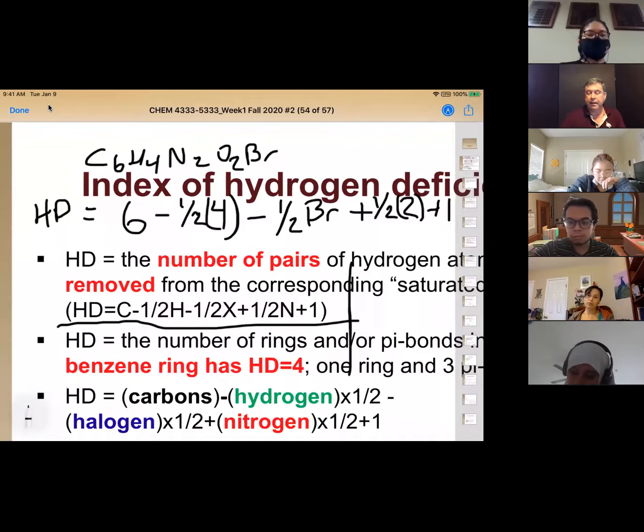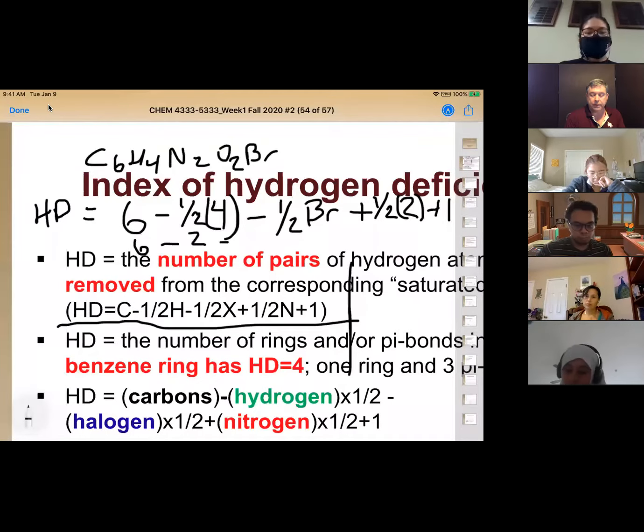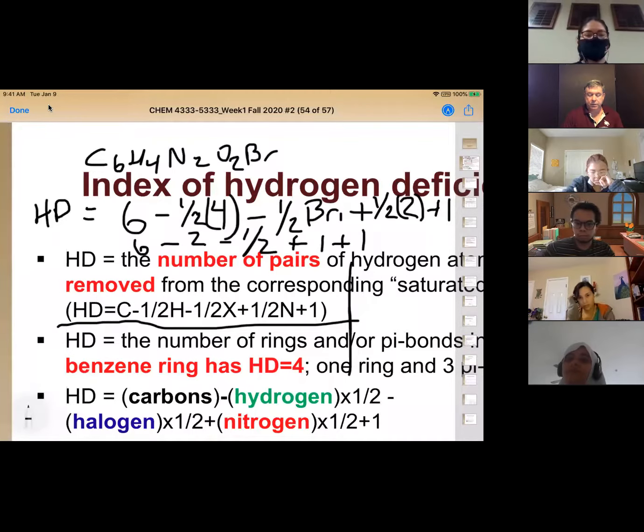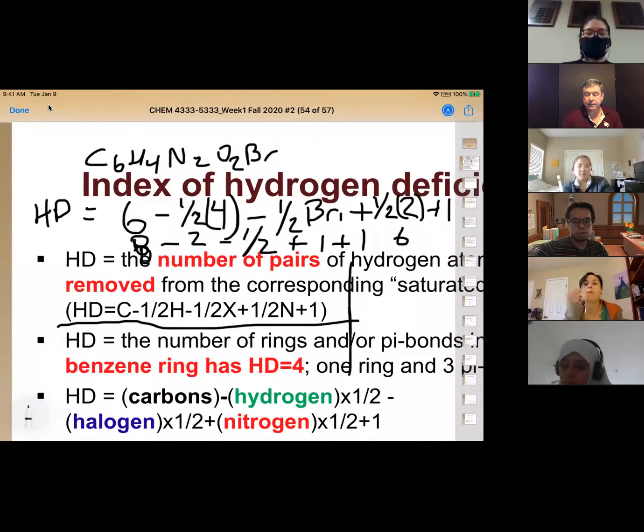This is going to give us a half number, but let's see if we have it. So this, of course, becomes 6. Half of 4 is 2, minus half of 1 bromine is 1/2, plus 1/2 of 2 is 1 plus 1, which gives us minus 2.5 plus that. So it's 8 minus 2 and 1/2, which gives us 6 and 1/2 right here.